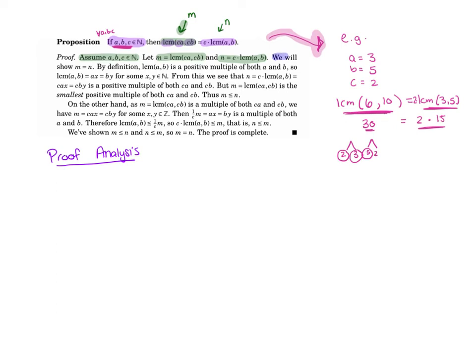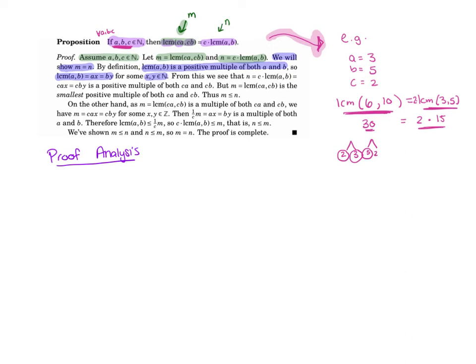We will show that these two things are equal. That's always good to do. And then they're going to turn to definitions. So by definition, the LCM is a positive multiple of both a and b. So that least common multiple has to be a multiple of a and a multiple of b. So it has to be some x times a and some x times b. So they're saying, okay, a least common multiple is a multiple.